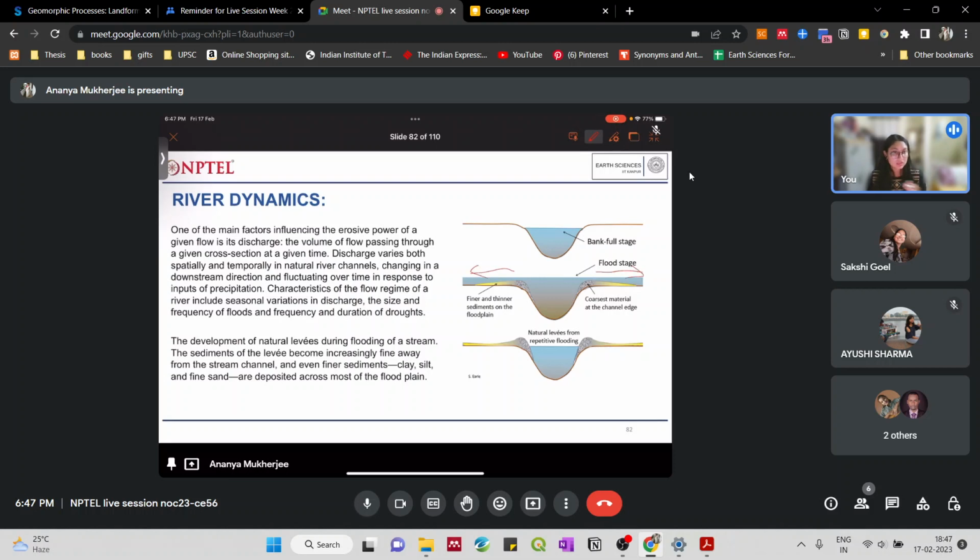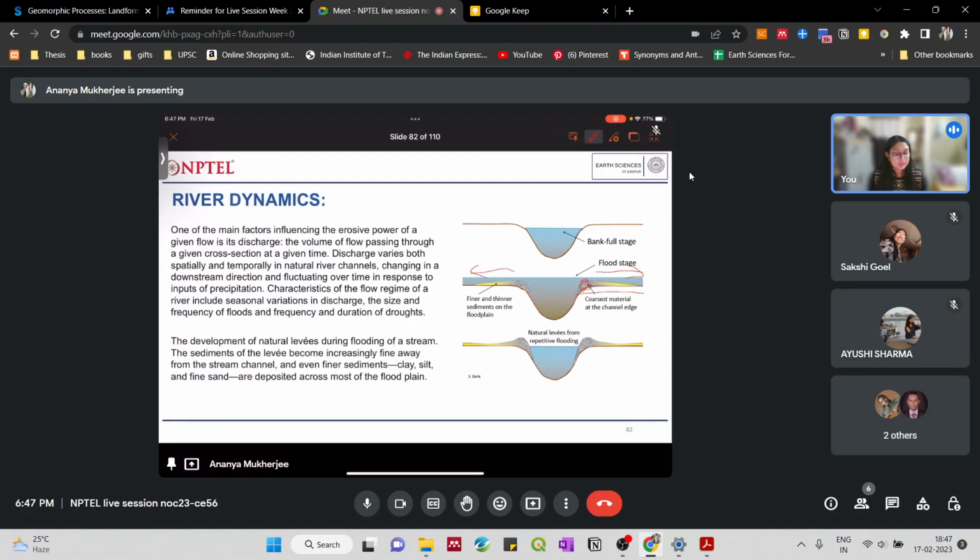In the flood stage, after the water has spread, it will sit for a while. When it is flowing up, and then when it is spreading across, that is the time when your material starts depositing.